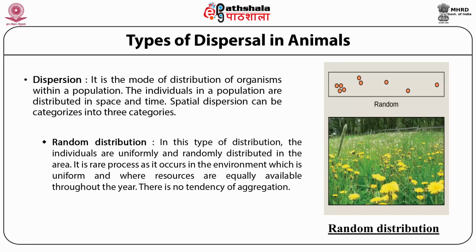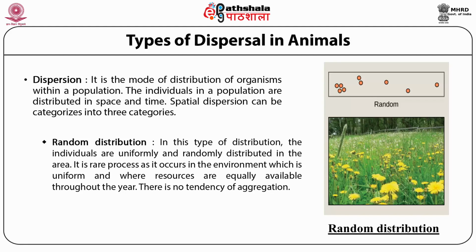Random distribution is rare as it occurs in the environment which is uniform and where resources are equally available throughout the year, or there is positive antagonism. There is no tendency of aggregation.